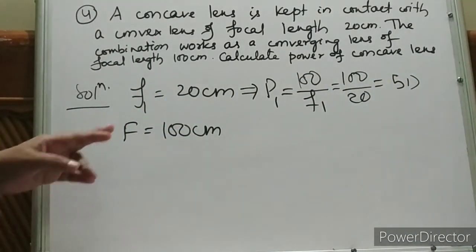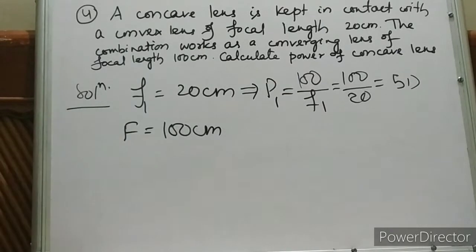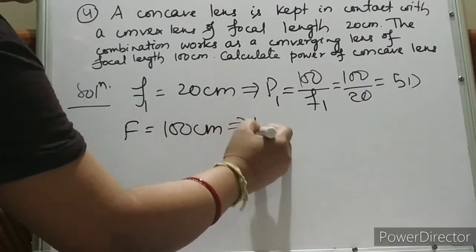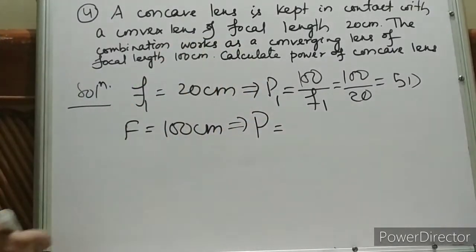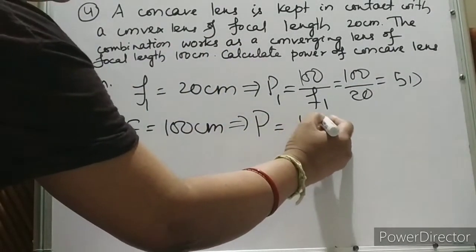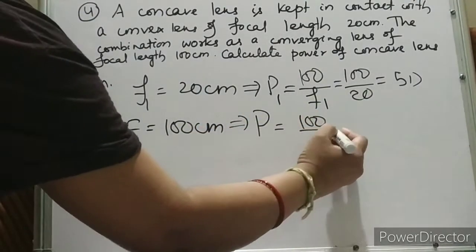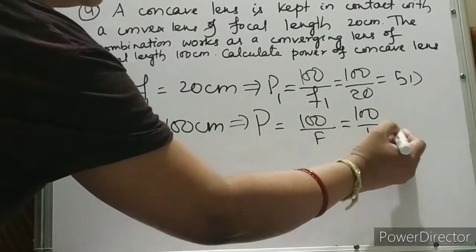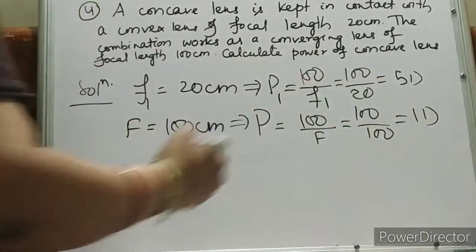Now the combined focal length is also given. So we can find the power of the combination simply as 100 by F, or 100 by 100. So it is now 1 diopter.